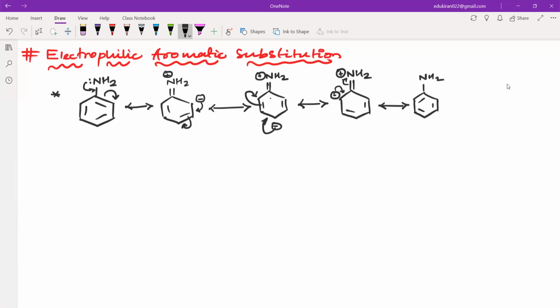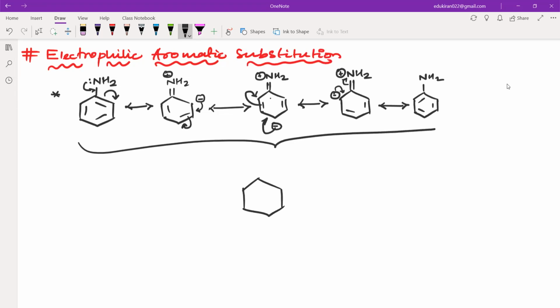Okay. So let me see what is going to be the resonance hybrid structure for aniline. We have a benzene ring like this. Here we can see all these bonds are sometimes single, sometimes double. That means all of them have partial double bond character. Here we have the NH2 group. This NH2 group also has partial double bond character, and we can see that this position is delta negative sometimes, this position is delta negative sometimes, this position is also delta negative sometimes.